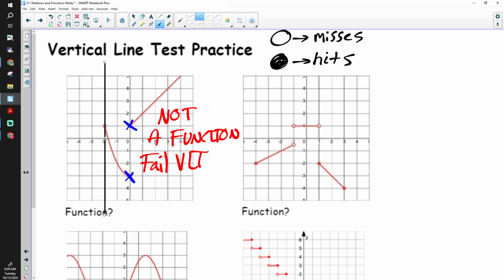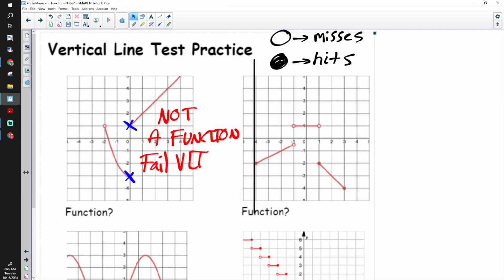Okay, take a look at our second one. Tricky with holes. Okay, here we go. So I'm starting to do my vertical line test, right? I start moving myself to the side.